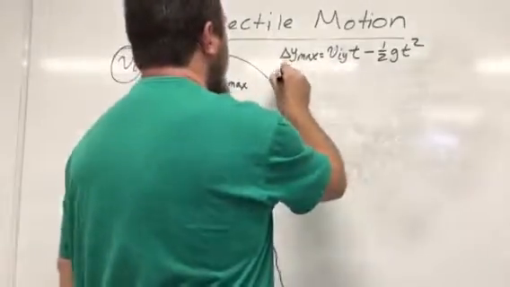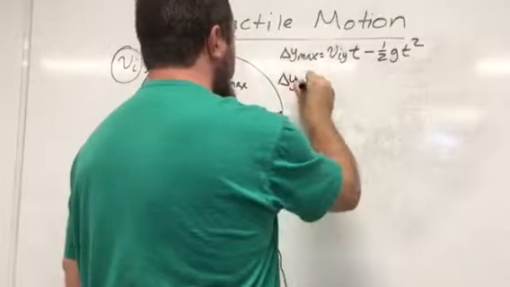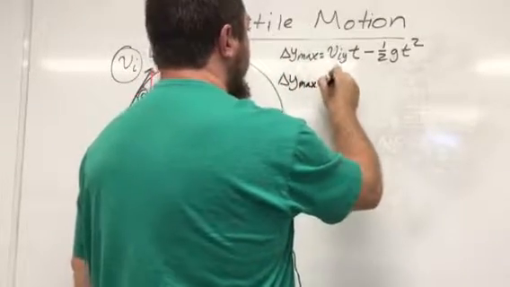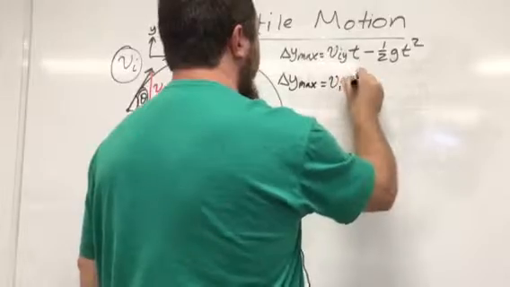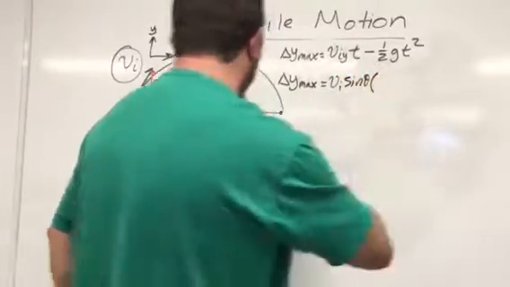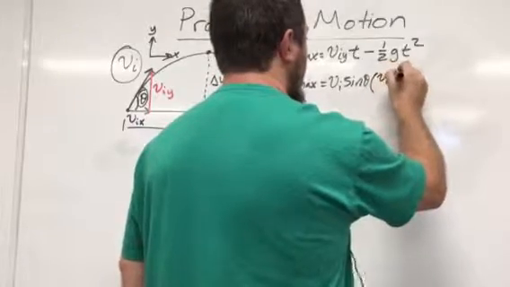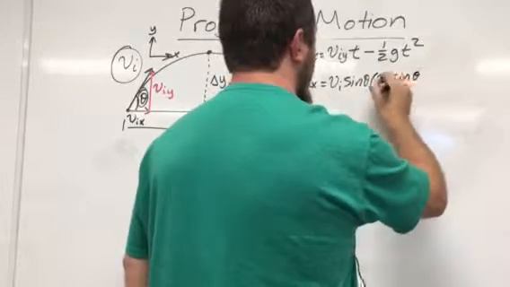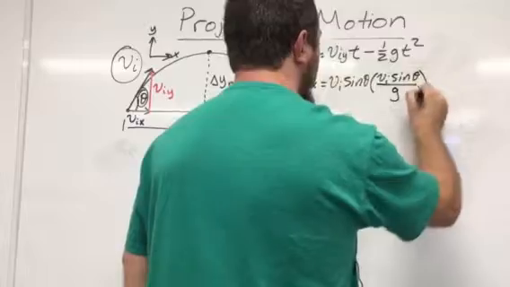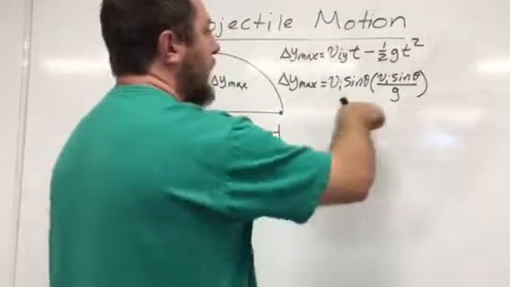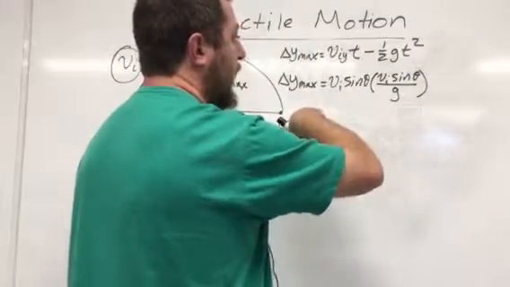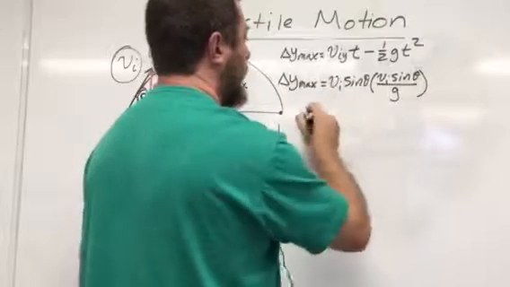So delta y max is going to equal Vi sine theta times t, which is Vi sine theta over g. And I'm going to put the next part of the equation below here because I'll run out of room if I don't.